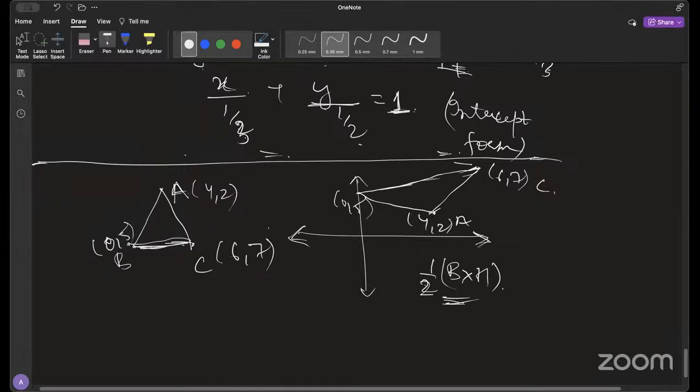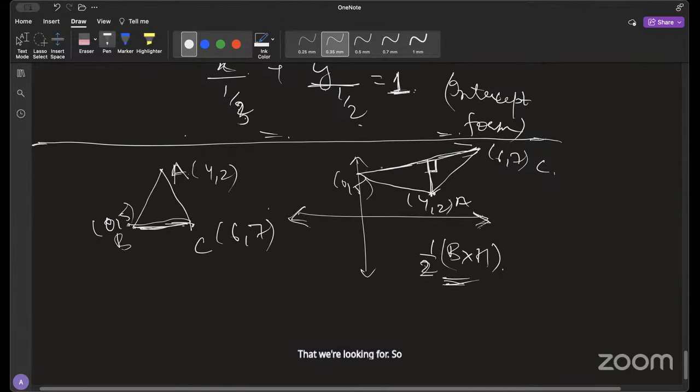Let's just say we take this one as the base, and then the perpendicular drop on it is the line we're looking for. First we need to know the length of the base, which is easy to find: you just have to find the distance between (6, 7) and (0, 5).